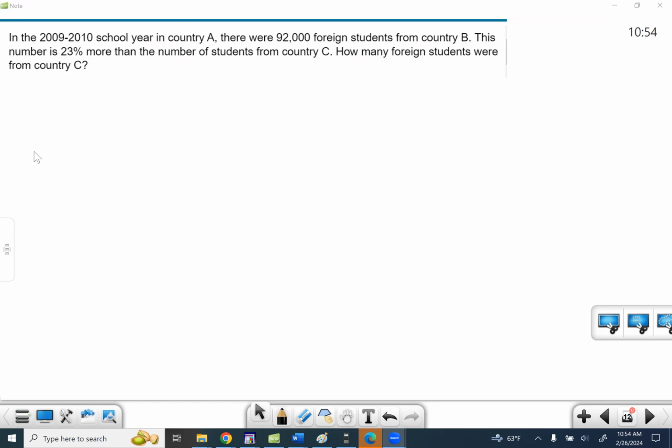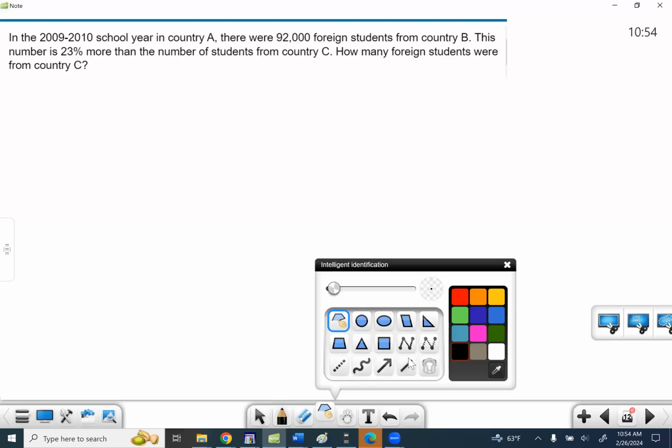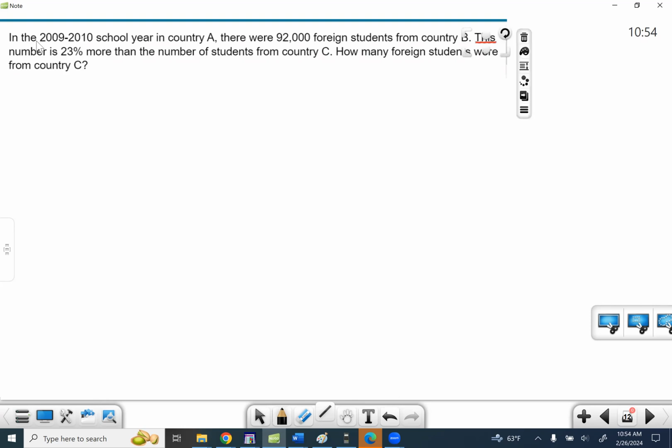Okay, so I'm just going to underline the sentence that's going to be really important to us. This number. That's the sentence that we're going to use.